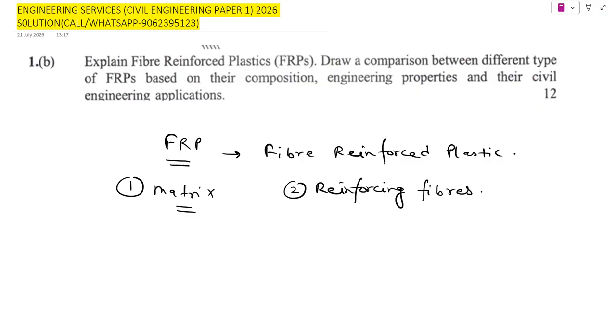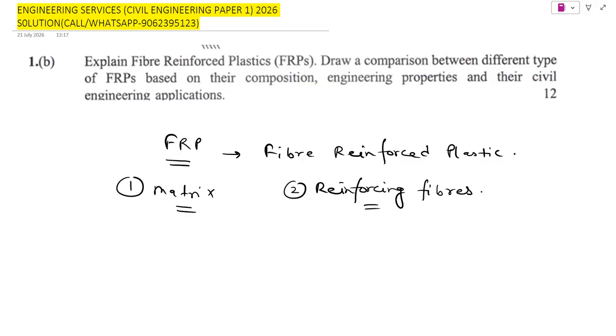The function of the matrix is that it holds the fibers together, protects the fibers, transfers the load, and gives shape to the material. And what about the reinforcing fibers? These fibers provide high tensile strength, high stiffness, and crack resistance, and different fibers produce different types of FRPs.